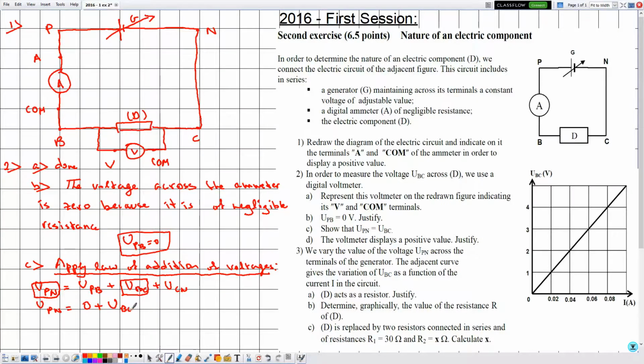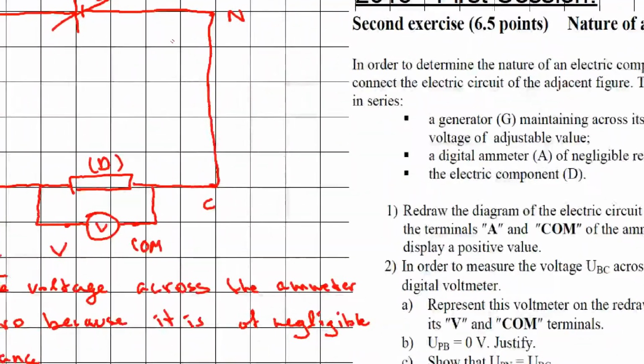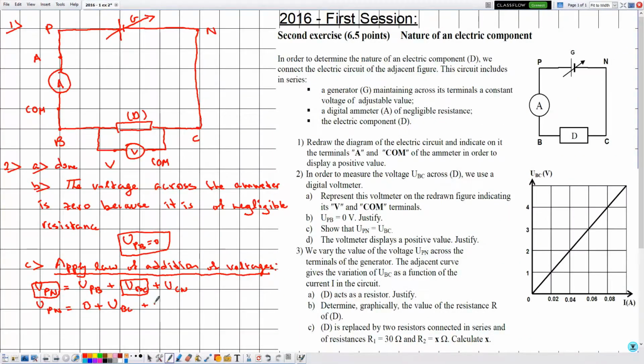We will keep UBC, and UCN: across C and N we have a connecting wire, so it's 0, and here between brackets UCN is equal to 0, and the reason is given by connecting wire because we didn't justify this previously. Then we have that UPN is equal to UBC.